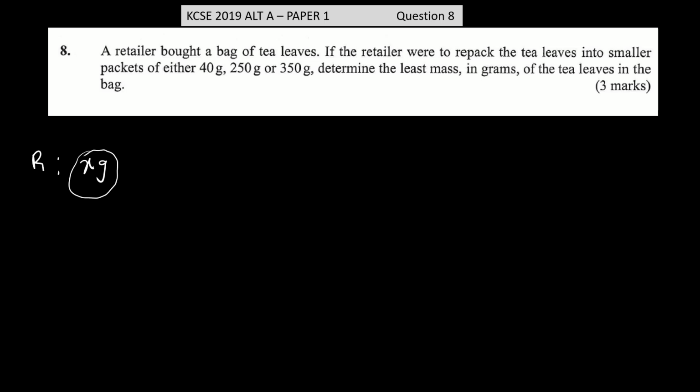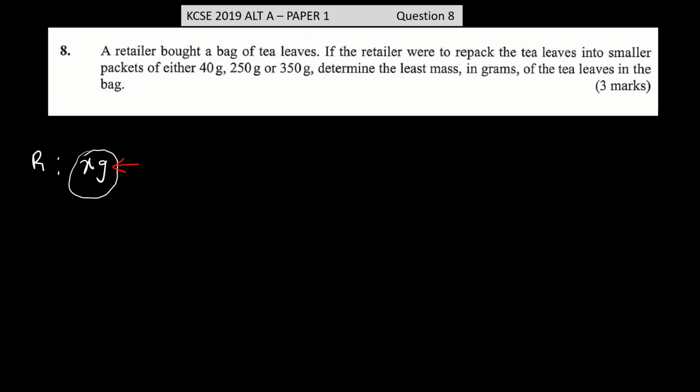That is, a retailer has a mass which is X gram, in which if the retailer divides it into 40 grams, it's going to fit in perfectly. Or if the retailer divides it into 250 grams, it's going to fit in perfectly. Or if the retailer divides the gram into 350 grams, there will be no remainder, as we have seen in the other cases. So that is what we are looking for.